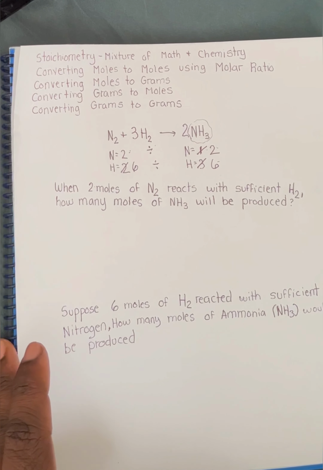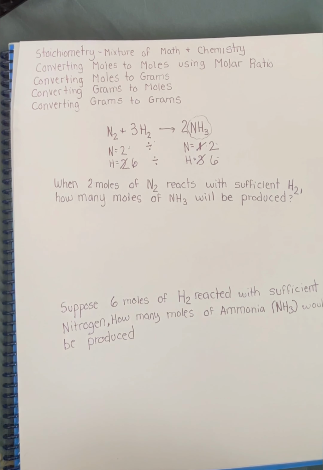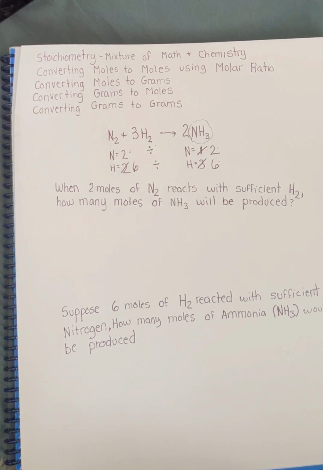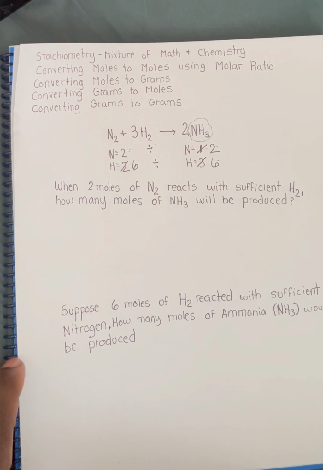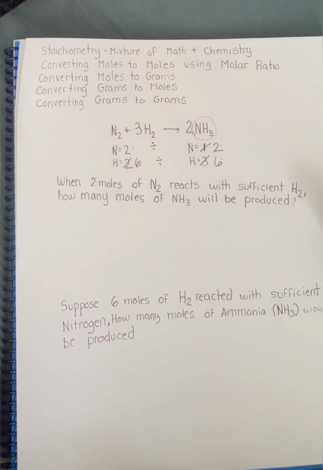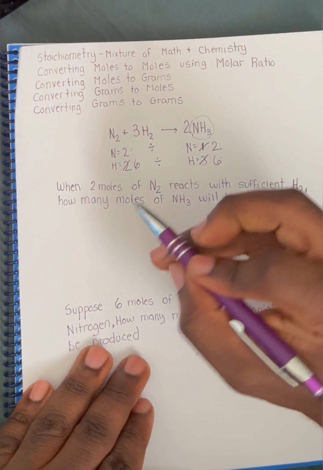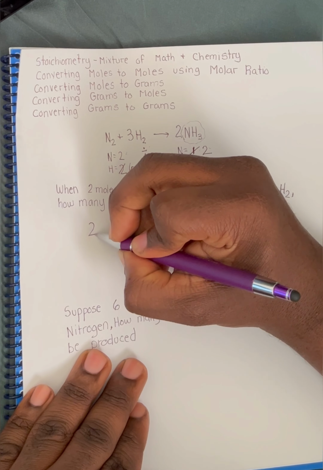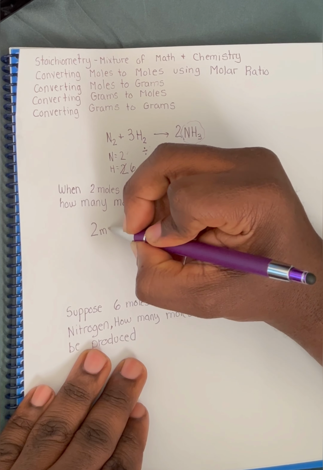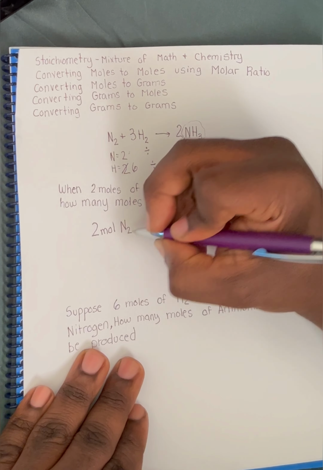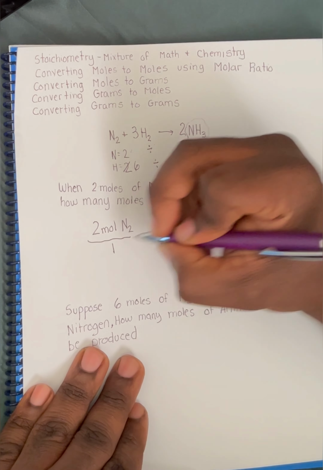When 2 moles of N2 reacts with sufficient H2, how many moles of NH3 will be produced? So first thing you do, all you have to do is write what they give you. So first they gave us 2 moles of N2 over 1.